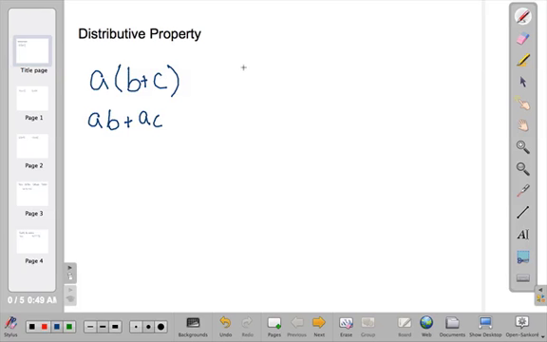So let me give you an example with numbers. If we had 2 times (3 plus 4), we'd go 2 times 3 plus, because there's a plus sign here, 2 times the 4.